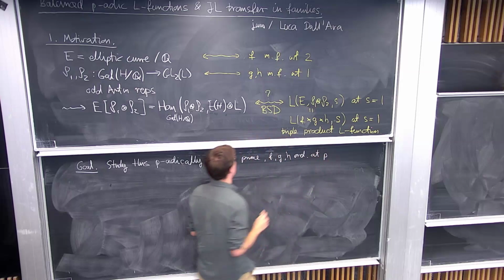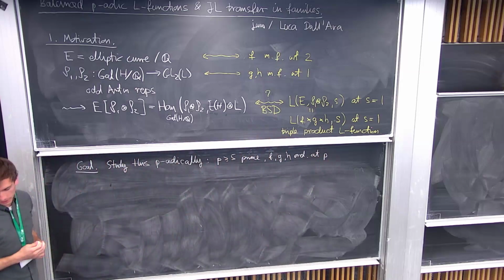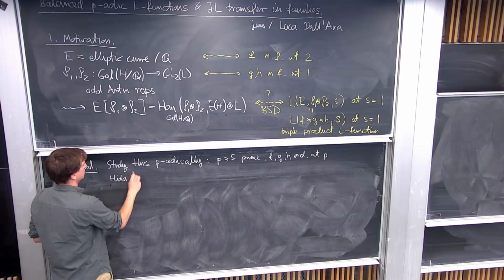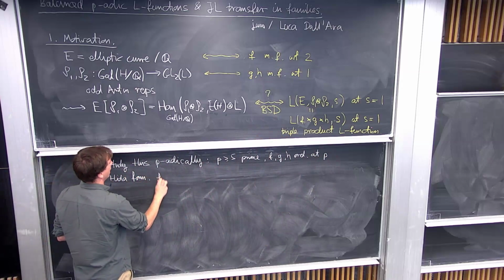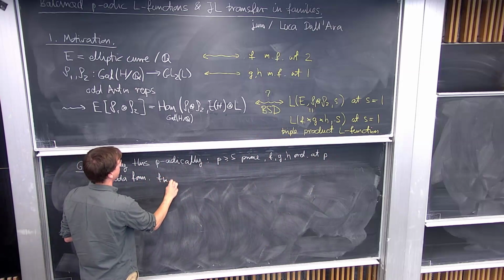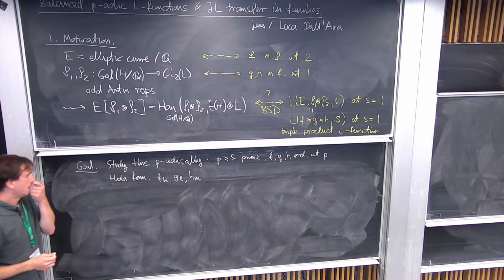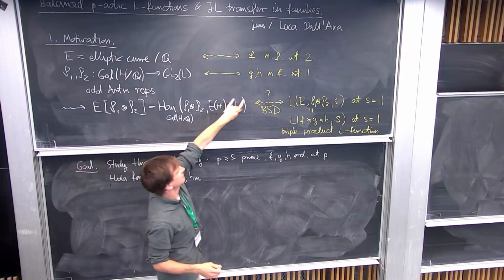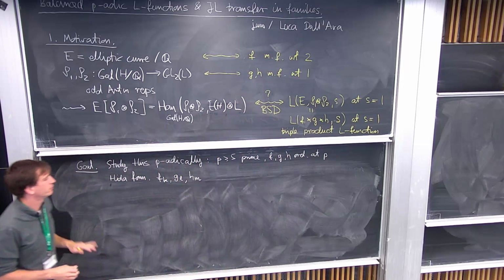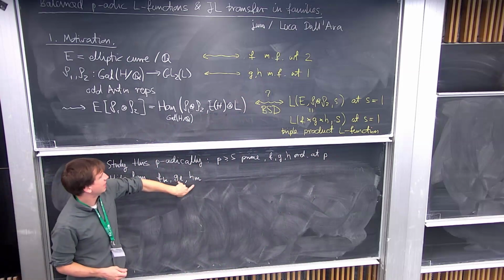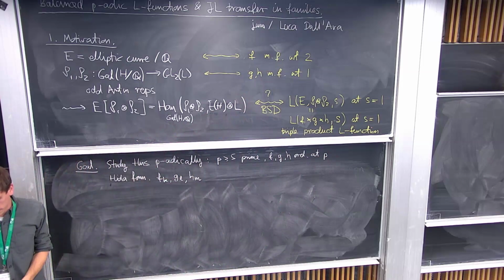And now I'm going to consider Hida families through f, g, and h. So let's call them f_k, g_l, h_m. These are going to be the weights. And I'm going to assume some classicality hypothesis on the weight one forms, which I'll not say explicitly now, but I want this to specialize to the weight one forms or to p-stabilizations of the weight one forms.